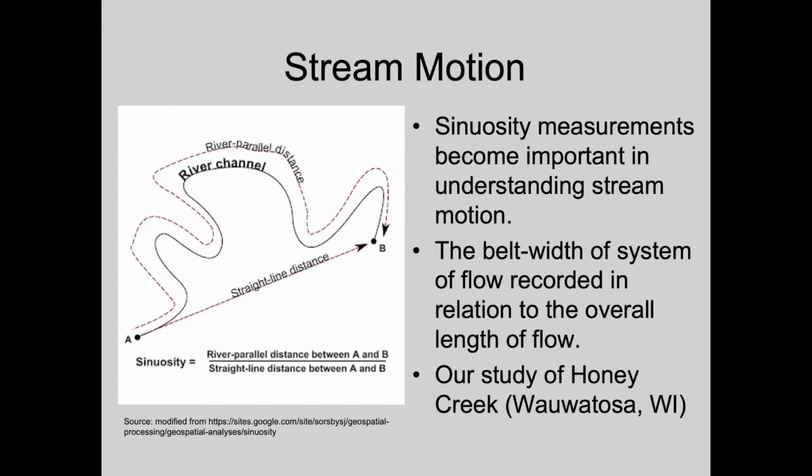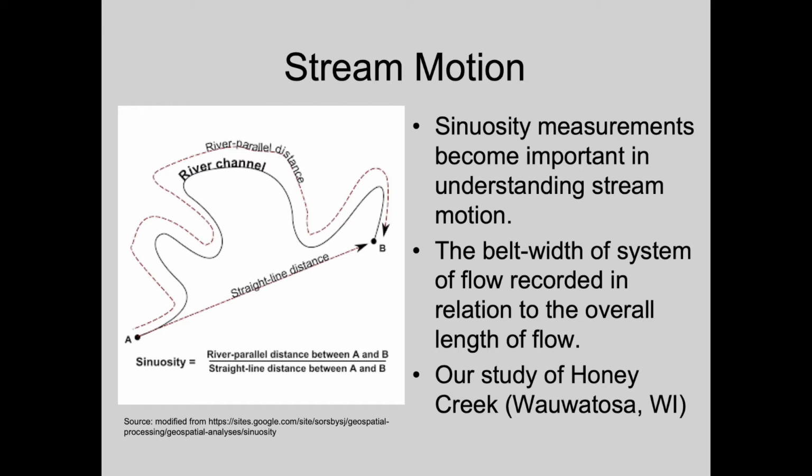Sinuosity is another important measurement. This again is a ratio of the overall length of a stream to, in this case, the overall length of the flow itself. So when you take a look at how sinuosity is determined, generally you are estimating two things. First of all, how much ground is ultimately covered within the drainage system by an order within that system of flow.